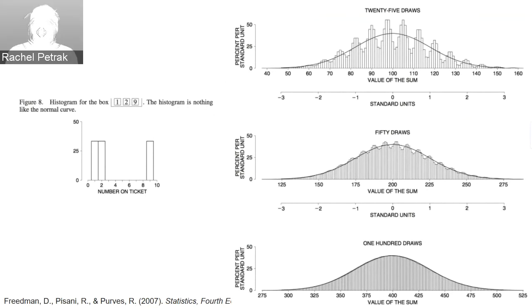So in that case, it's possible that once you get to enough draws, your histogram will look like a normal curve. And so that's important to keep in mind, and we'll see that as a trend, especially in our final unit on inferential statistics.